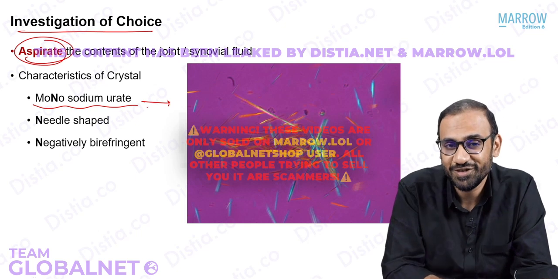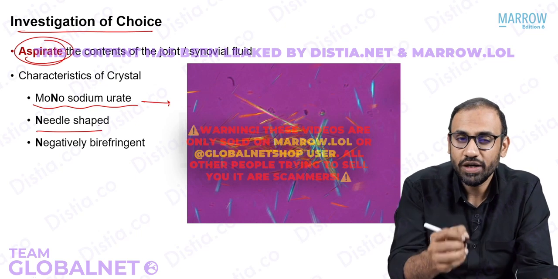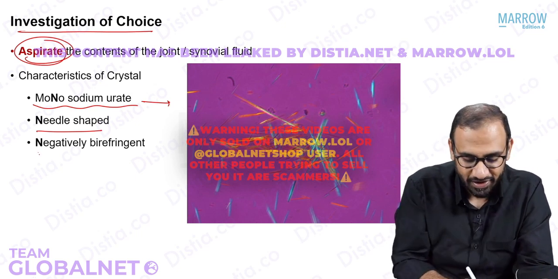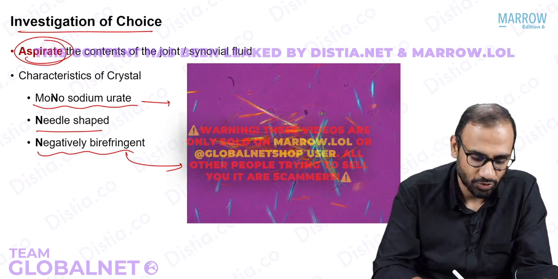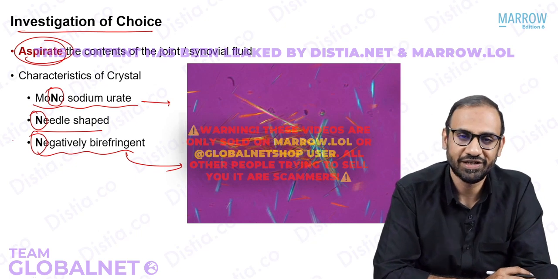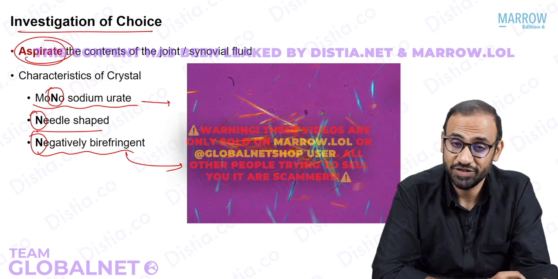What are the characteristics of this monosodium urate crystal? They are needle shaped, and on polarizing light microscopy, they are negatively birefringent. Very, very important. So monosodium urate needle shaped, negatively birefringent crystals will be found in the synovial fluid on aspiration of the first MTP.